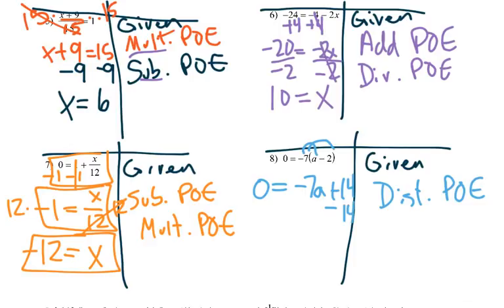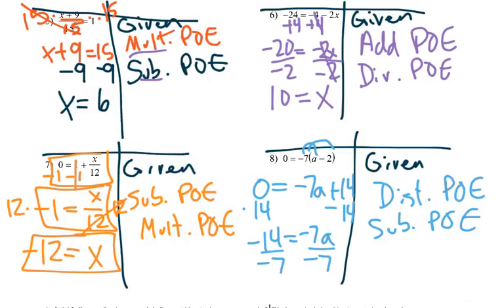Then we subtract 14 from both sides, giving us negative 14 equals negative 7a, using the subtraction property of equality. Then we need to get rid of that negative 7, so we divide by negative 7 on both sides using the division property of equality, and we get a equals positive 2.